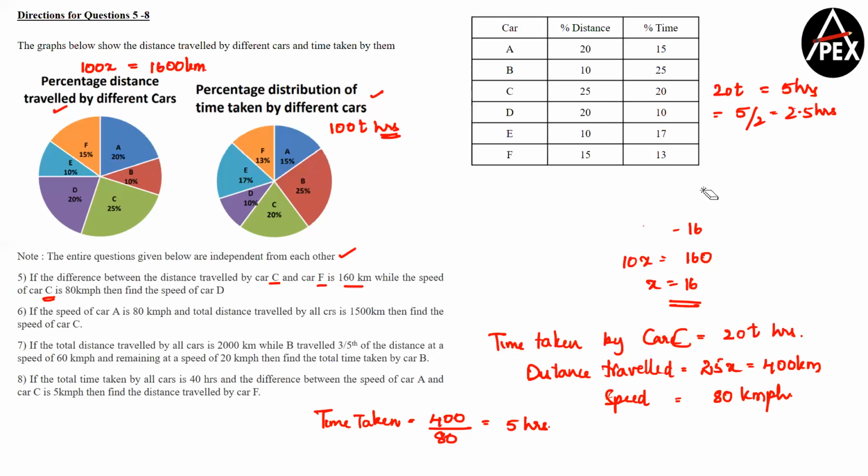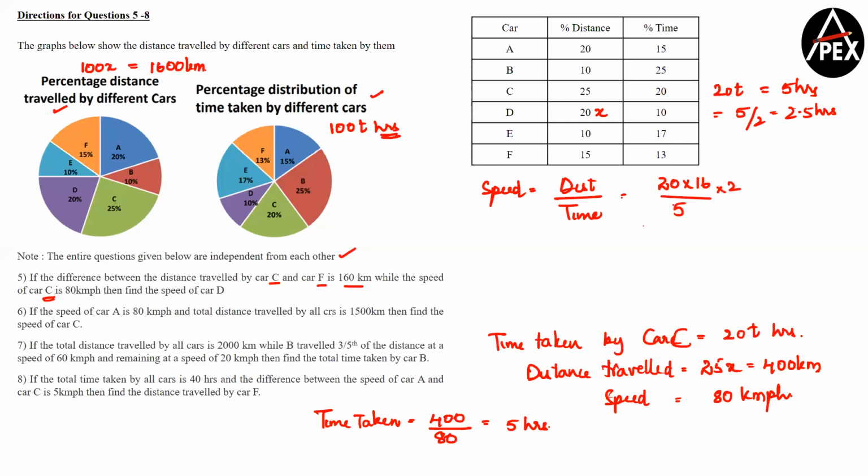What did he ask? Find the speed of car D. Speed is equal to distance by time. The distance traveled by car D will be 20x, so it will be 20 into 16, divided by the time, which is 2.5.